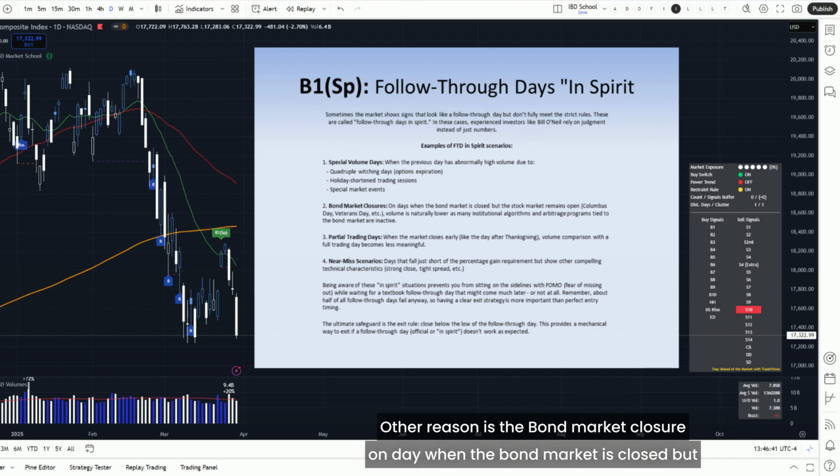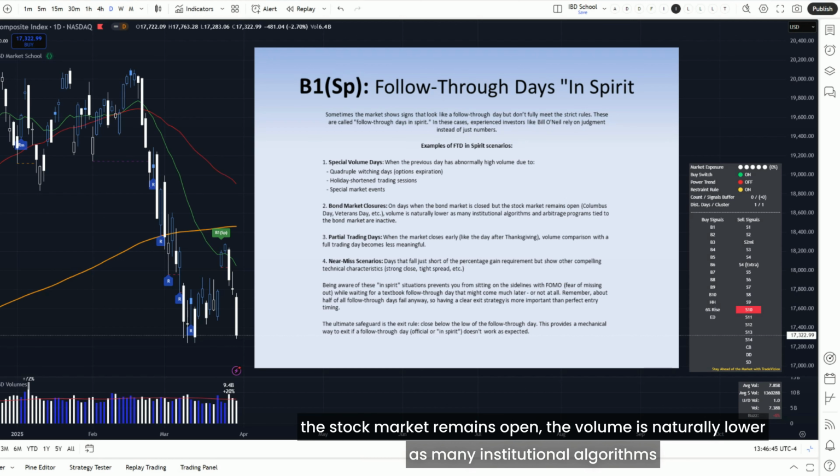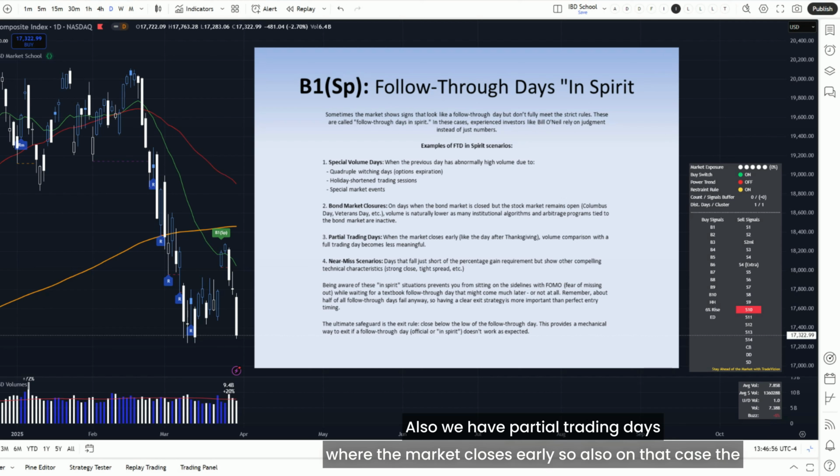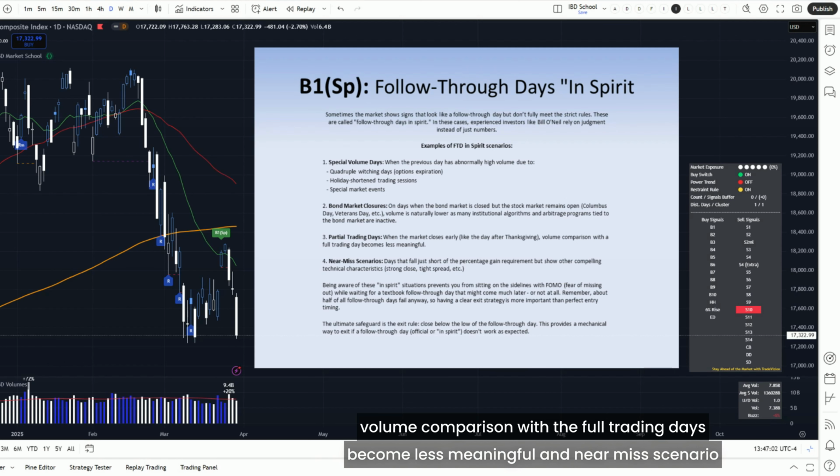Another reason is the bond market closure. On a day when the bond market is closed but the stock market remains open, the volume is naturally lower as many institutional algorithms and programs are out of the market. Also we have partial trading days where the market closes early, so in that case the volume comparison with the full trading days becomes less meaningful.